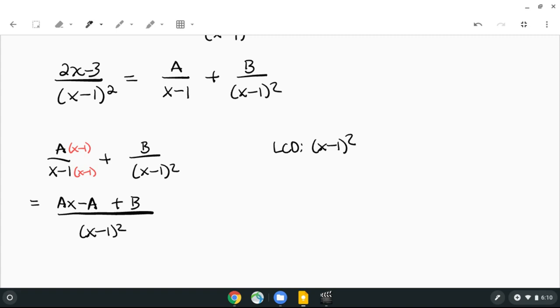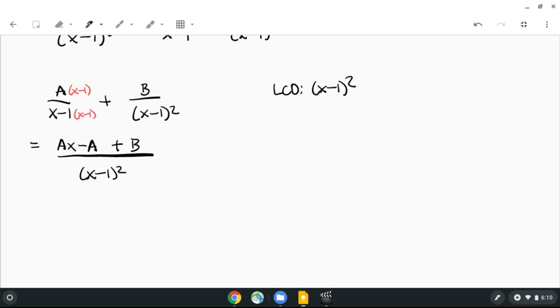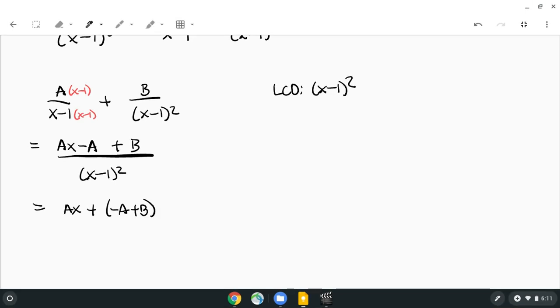There's not much to organize in the numerator. I only have one term with x. That's this right here. And then I have the rest of it there. So let me put that negative a plus b in parentheses, all over my LCD. That's just so I can match them up with the original numerator.